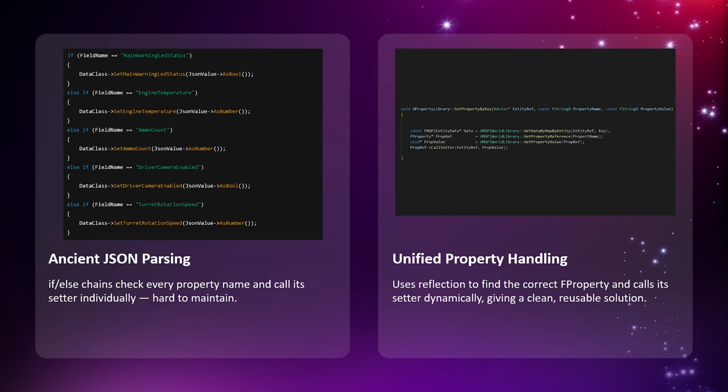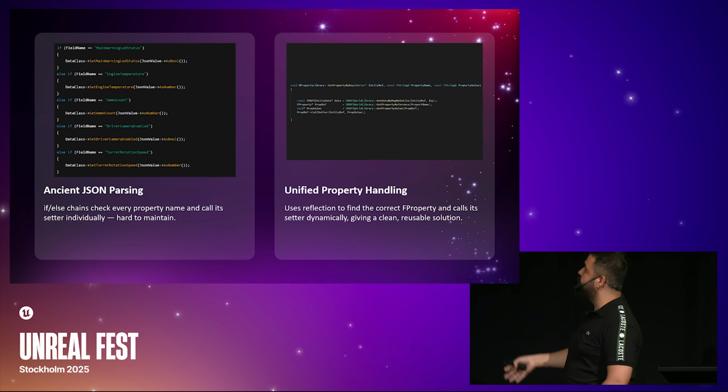And let's inspect what we actually achieved. Previously, you had to write giant if-else chains. Remember, we have a massive amount of data. We don't know how many lines you have; in that case, we'd actually have hundreds of lines. With unified property handling, I mean using FProperties, we have a system like this. We get the entity's reference, which is resolved by the entity ID, then get the property name and property value.